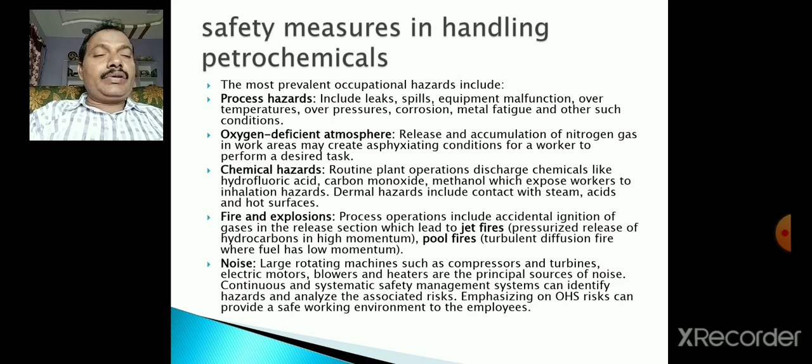To mitigate such things, we have to employ certain fire extinguishing actions, plans of action, and fire extinguishers at different locations. And noise is also a disturbing phenomenon, because noise pollution may create hearing problems for the workforce, so this must be avoided.